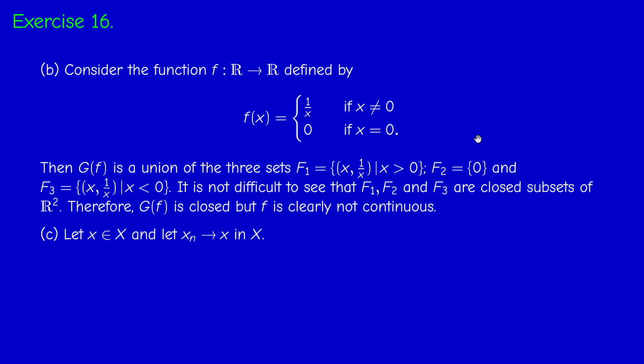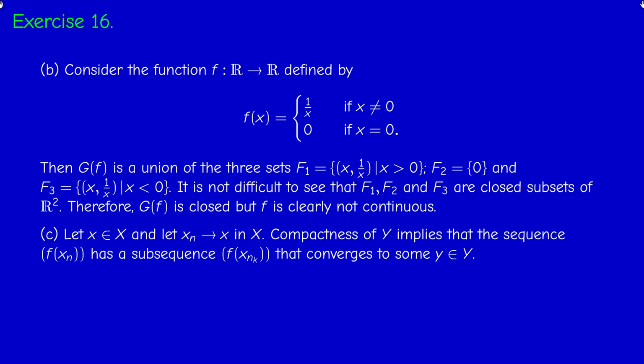I have to prove that f is continuous. It's enough to prove that f is sequentially continuous because they are equivalent in the context of a metric space. So I take an arbitrary sequence x_n converging to some limit x, and I have to prove that f(x_n) converges to f(x). Now f(x_n) is a sequence in Y, but Y is compact.